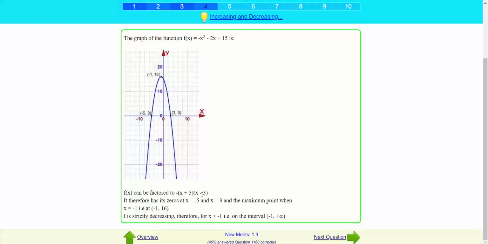Therefore it has its zeros at x equals 5 and x equals 3, and the maximum point when you take a negative number, say 4 or 2 for simplification. 2 squared is like 4, so that's minus 4.